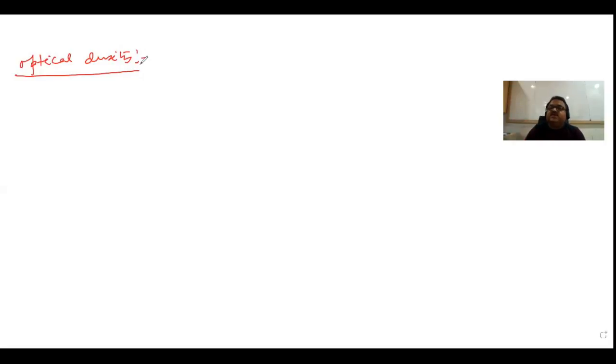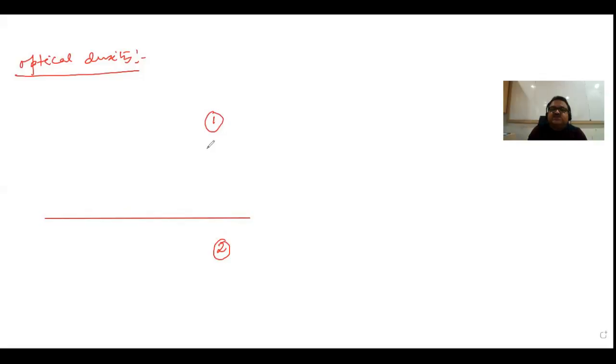So let me tell you something with an example, illustration that will look fantastic. Okay. Watch it. Suppose these are the two different media, correct? This is medium 1 and this is medium 2. These are two different medium.